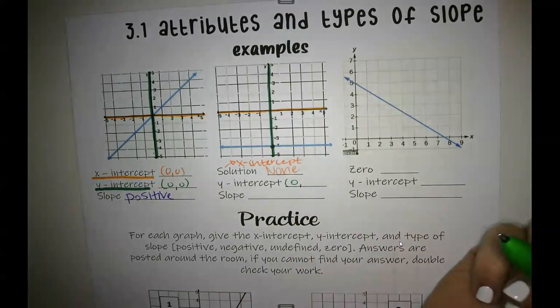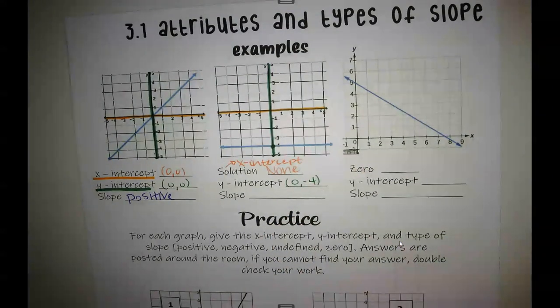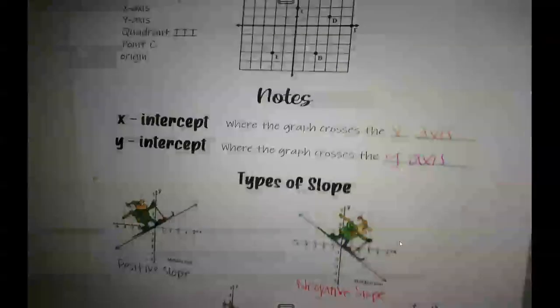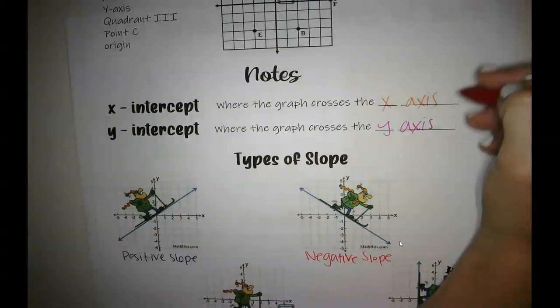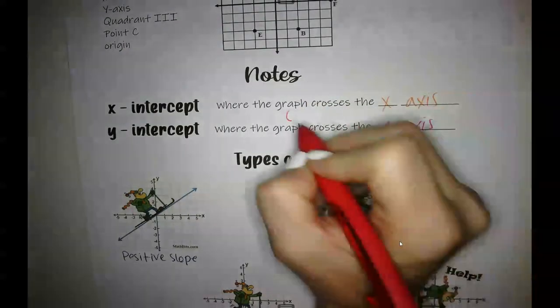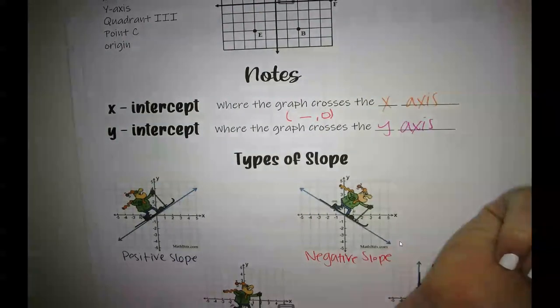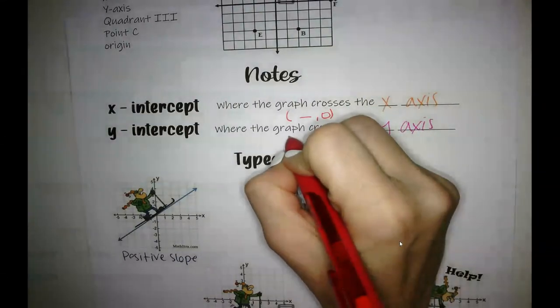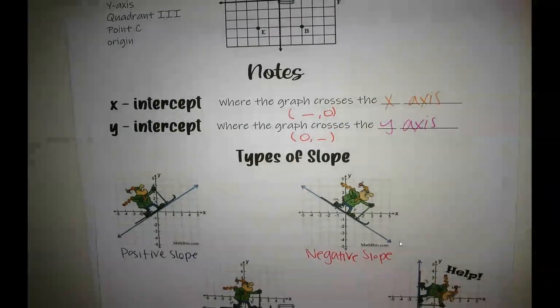And then the second number is going to be whatever number is on that axis, so -4. Going back here, my x-intercept is always going to be a number and 0, and the y-intercept is always going to be 0 and then some number.